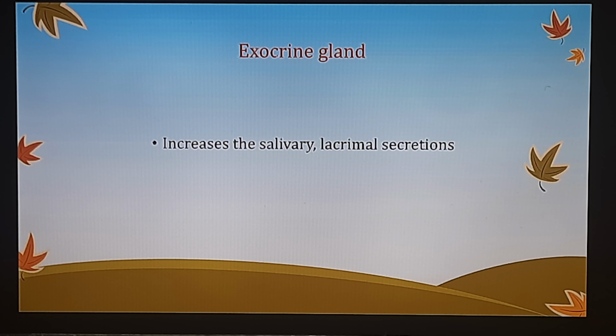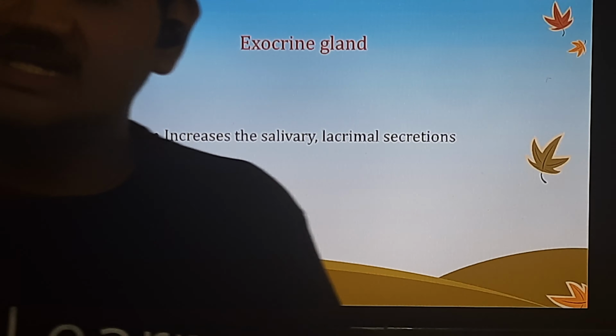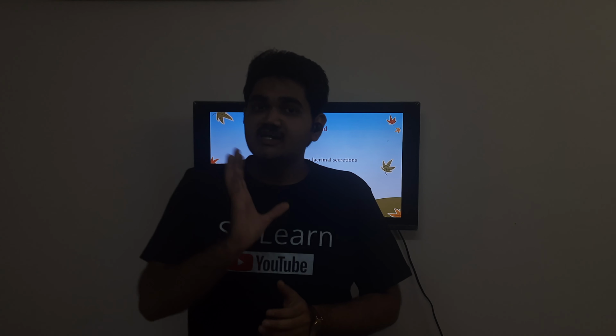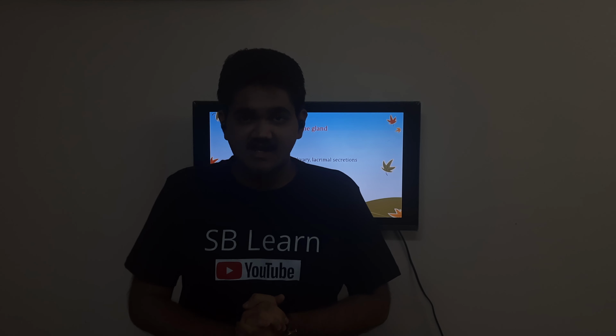Now, in all our exocrine glands, for example salivary glands and lacrimal glands, the secretion increases. The salivary glands need to be stimulated. Why do we need to stimulate our salivary glands? The answer is very simple.